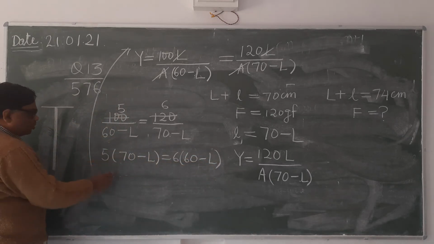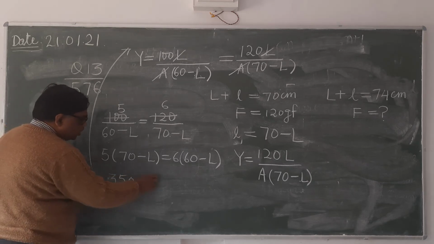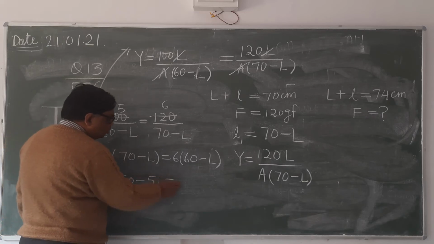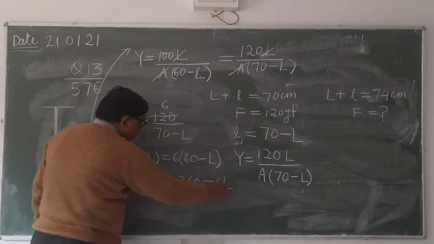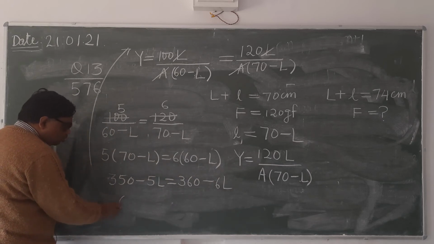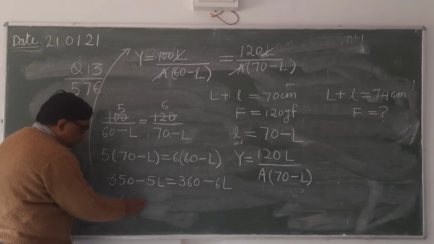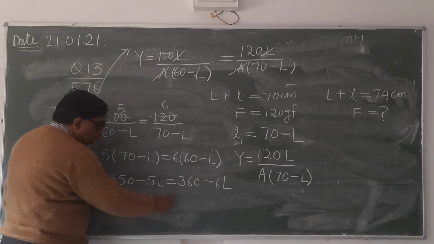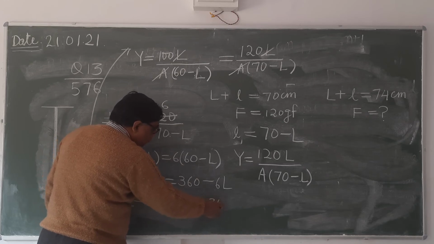So 5 into 70, 350 minus 5L equals to 360 minus 6L. So 6L minus 5L, you bring here, equals to 360 minus 350.